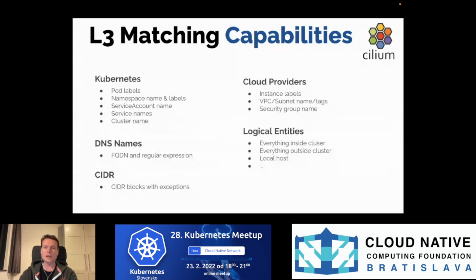So everything inside a cluster, everything outside a cluster, and localhost. And this can be very useful, for example, when you really want to do microsegmentation, you typically want to allow everything in the cluster to be allowed to contact kubedns. So that's a great example of where we use those entities to make that work.